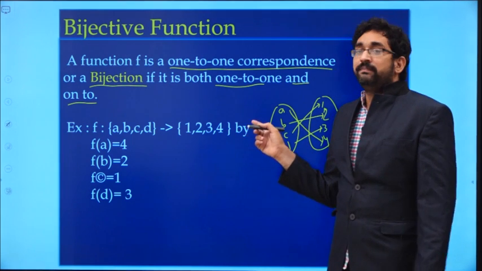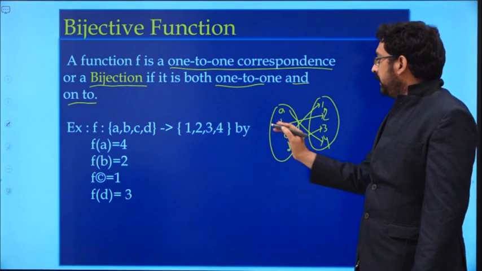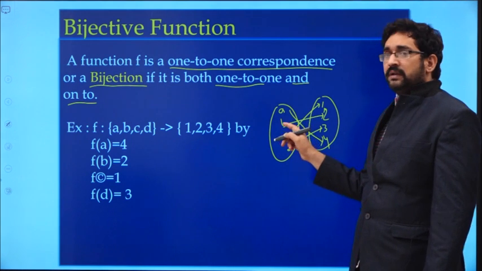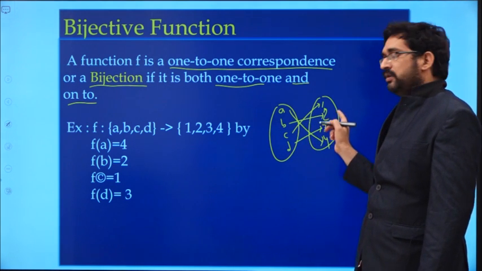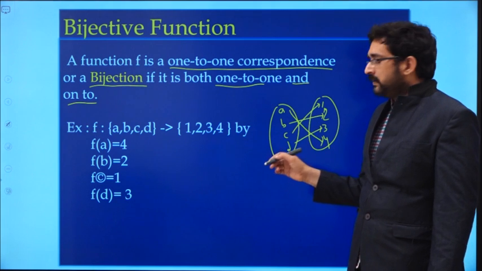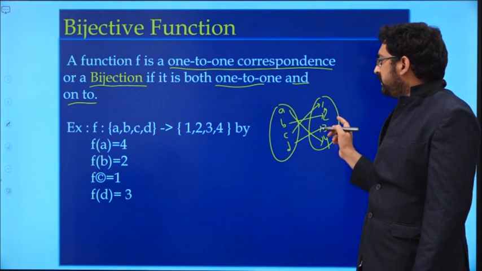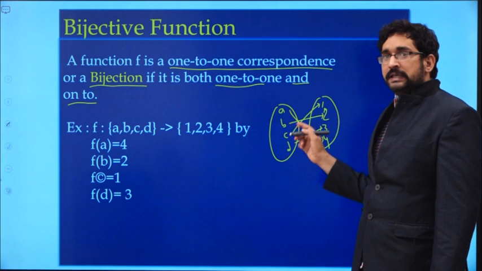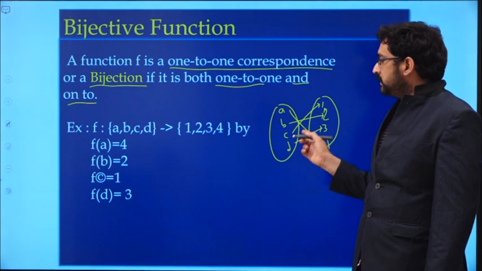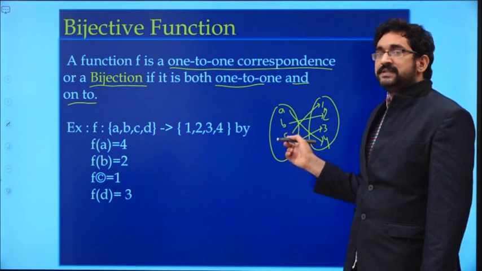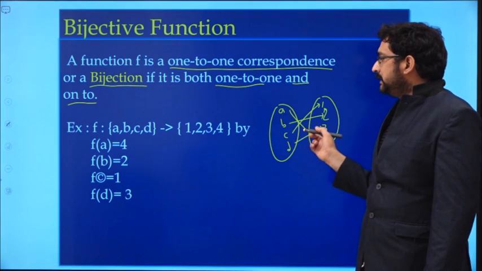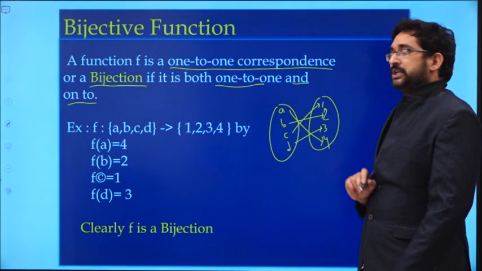Clearly, this is a bijective function because every distinct element of the domain is mapped to a distinct element of the codomain. Hence, it is one-to-one. As all the elements in the codomain are having mapping from the domain, it is onto also. So, as the given function satisfies both one-to-one and onto, this is a bijective function.